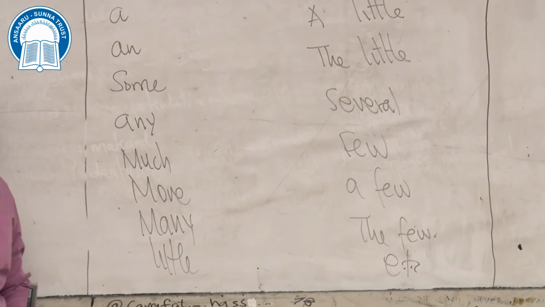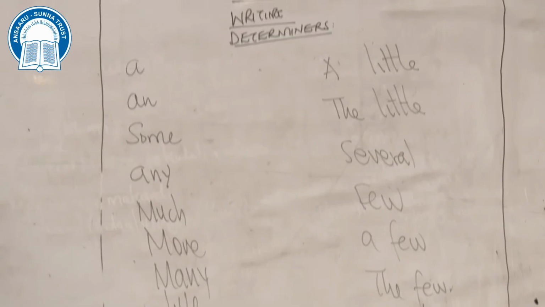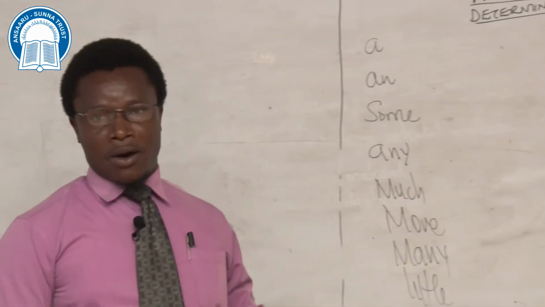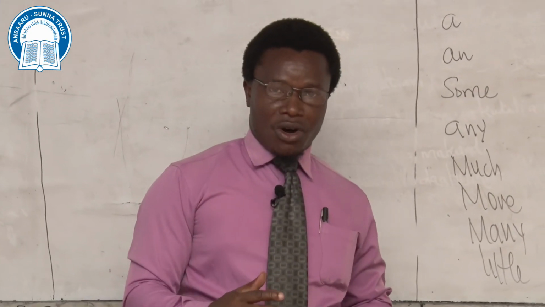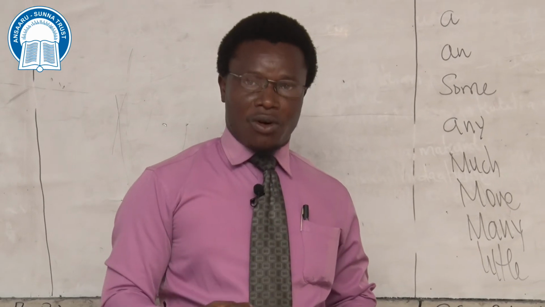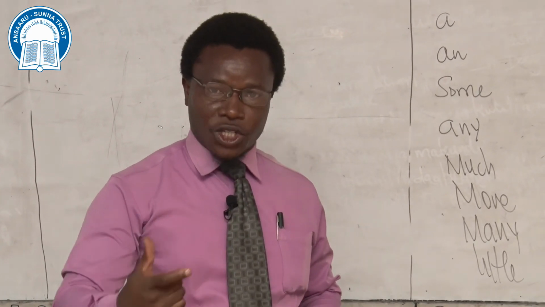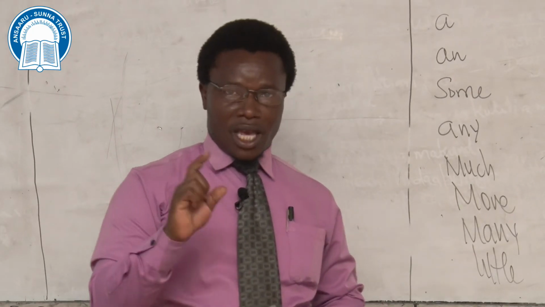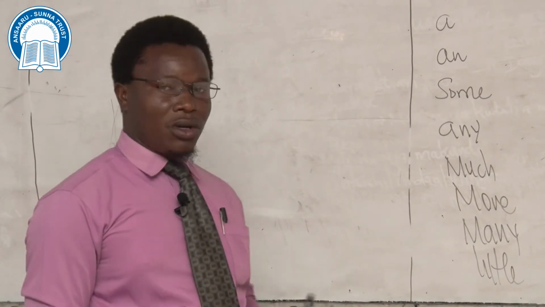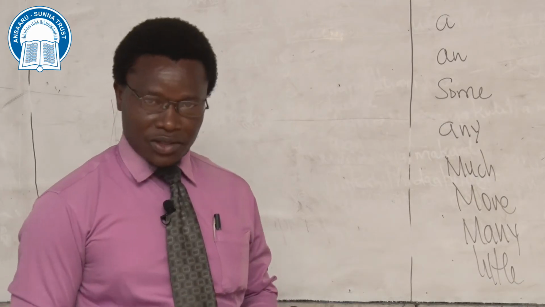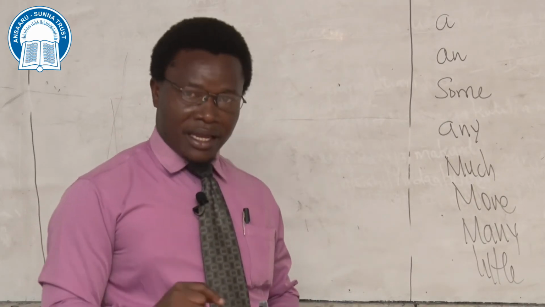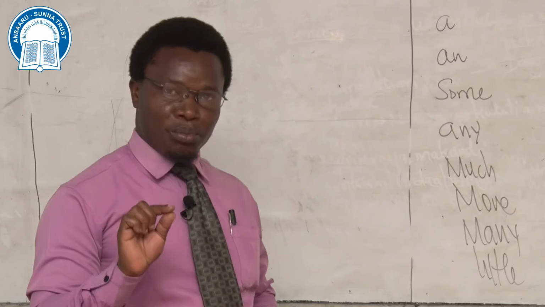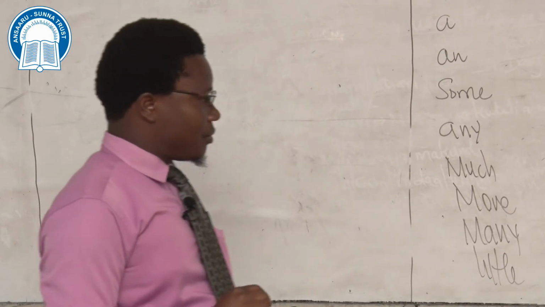First, determiners are used to determine the quantity of a noun, answering the question of how many are they referring to. Are you referring to one? If it is one, then they are called singular nouns. If there are many, then we refer to them as plural nouns.